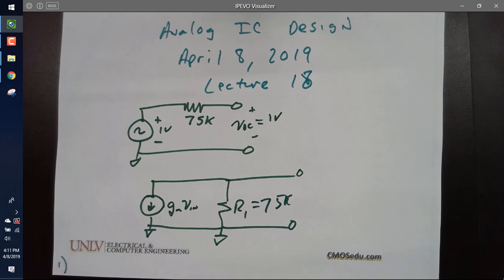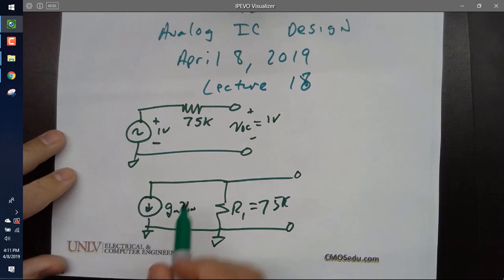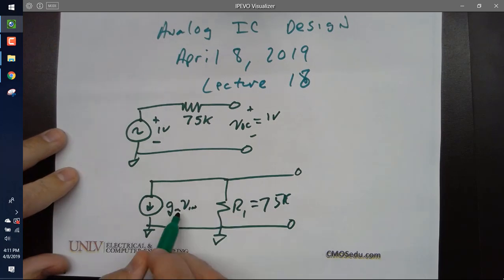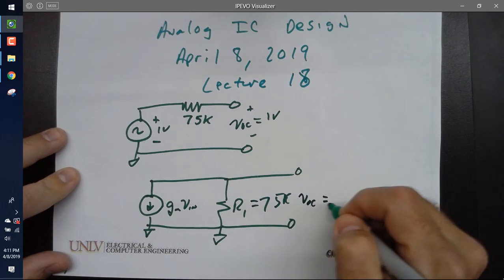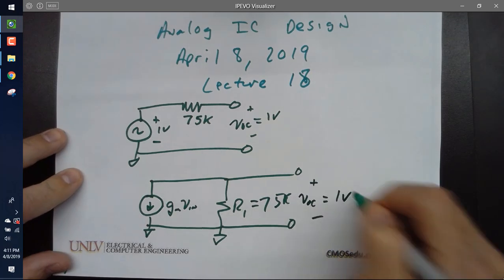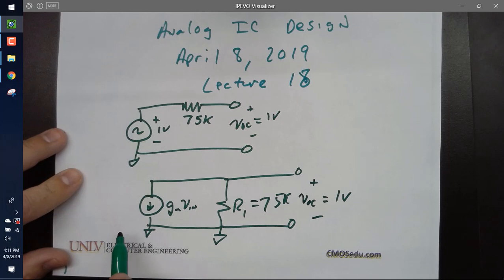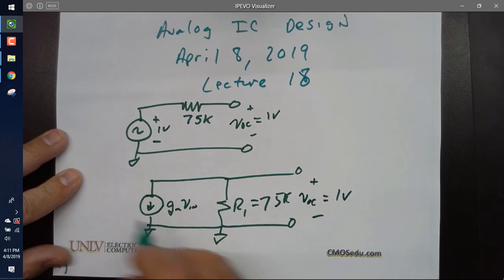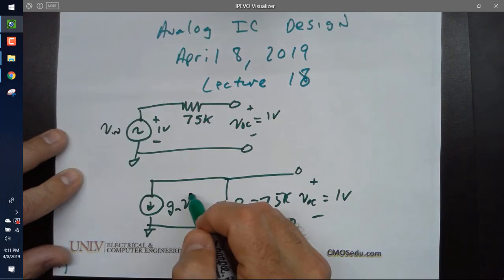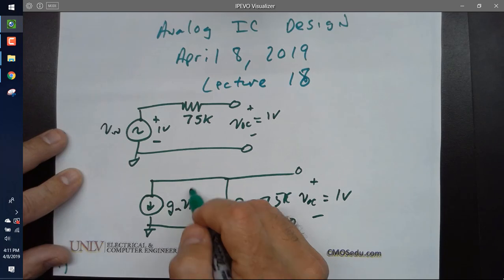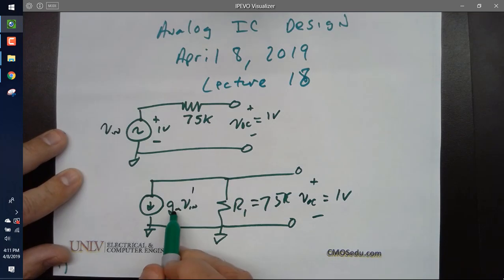Now I go back and I say, okay, well, I need the same thing for my VN. So my VN is 1 volt. If I want to make sure that I have the same open circuit voltage, what is GM then? Well, what is VN? Let's call this VN. 1. So what's GM?